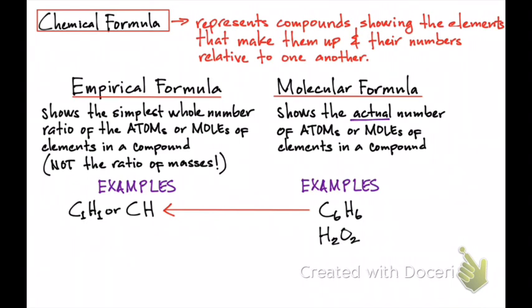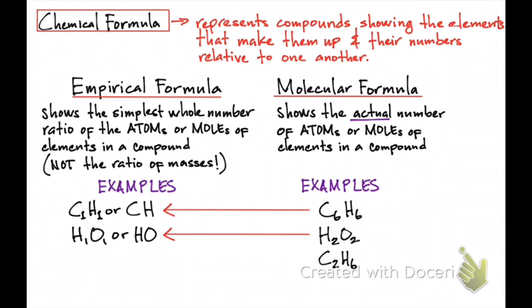Let's look at the second one that we looked at earlier in the beginning of the chapter, H2O2, which is hydrogen peroxide. If you simplify this, you just divide both numbers by 2, the common denominator, and you get H1O1, or HO. The third example here is C2H6. The common denominator here would be 2.